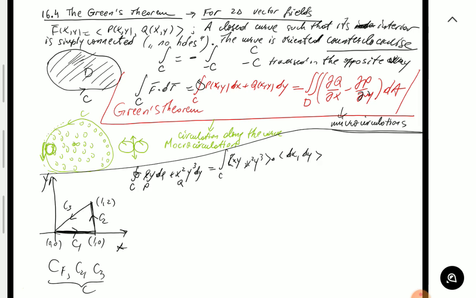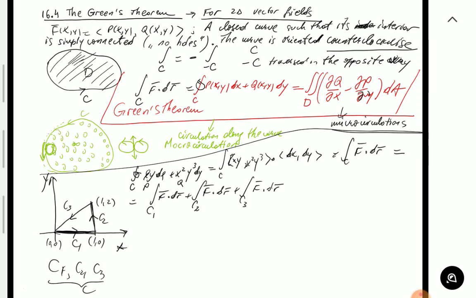But you see, because the curve is made of three pieces, I actually have to break the line integral into three pieces: the integral over the first piece, C1, of F·dr, plus the integral over the second piece, plus the integral over the third piece. None of them is terribly difficult to do, but notice already it's kind of a complication, because I have to compute three line integrals.